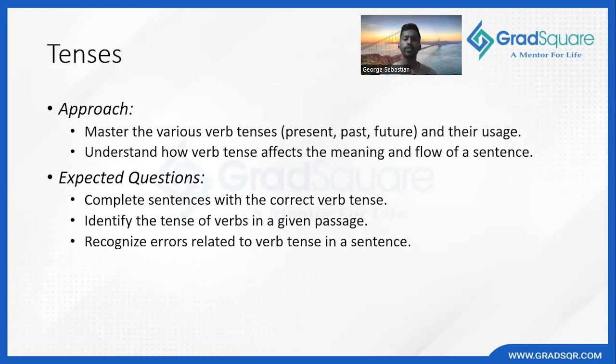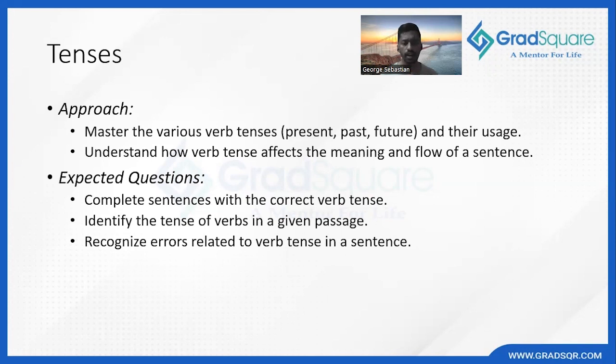Here we don't have any option other than to master the various verb tenses: present tense, past tense, and future tense. And we need to understand their usage. Basically, having a basic understanding of how different tenses are formed, the formula of these tenses, is more than necessary, right?